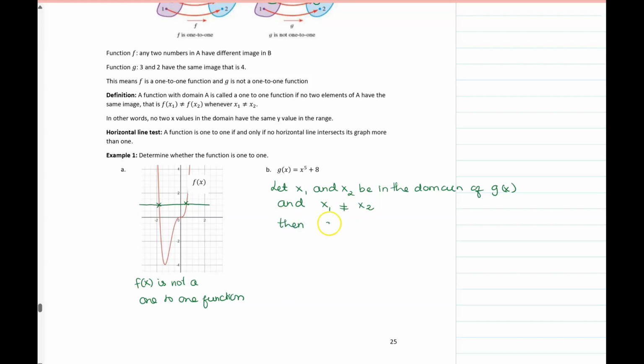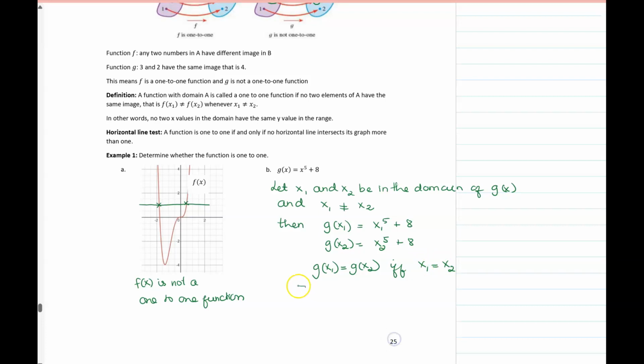Then g of x1 is equal to x1 to the fifth plus 8, and g of x2 equals x2 to the fifth plus 8. So g of x1 equals g of x2 if and only if x1 is equal to x2 in this case.